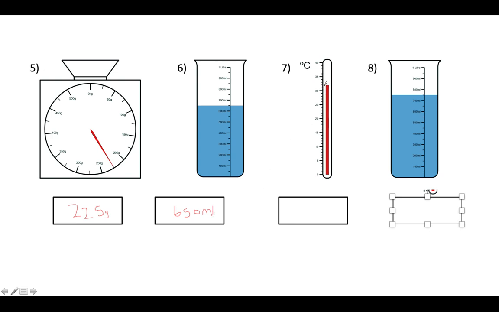Each little line on this one is 1, so this is 32. And each line on this one is 50, so this is 750.